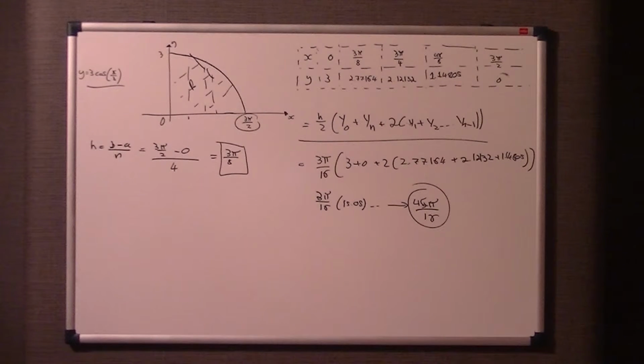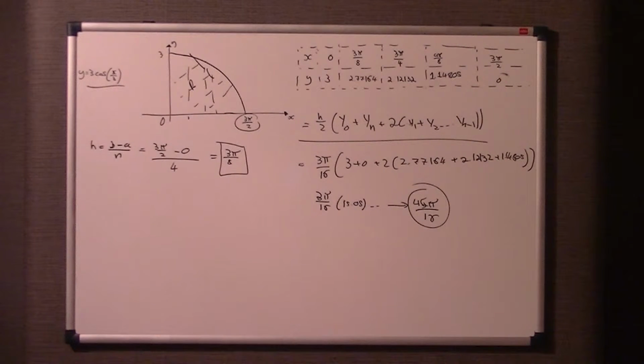You could work that out, and I think it comes to about 8.08 or something like that. It's nice to always leave it in exact form. But oh wait, sorry, no, it has to give you an answer to 3 decimal places. So to 3 decimal places.